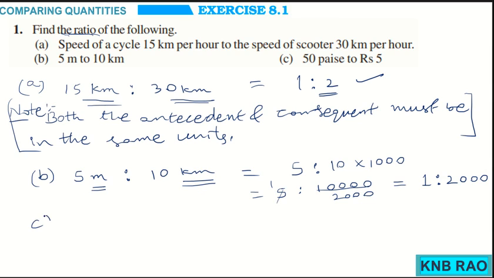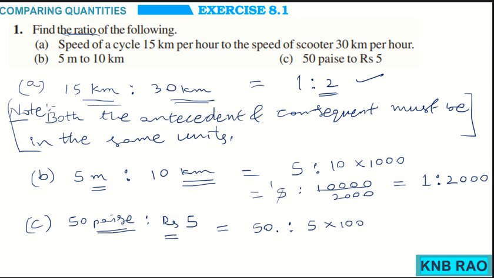Now coming to the sub question C, 50 paise is to rupees 5. Children, again here antecedent is in paise and consequent is in rupees. So we will bring rupees into paise. For 1 rupee 100 paise, for 5 rupees 5 into 100 paise will be there.